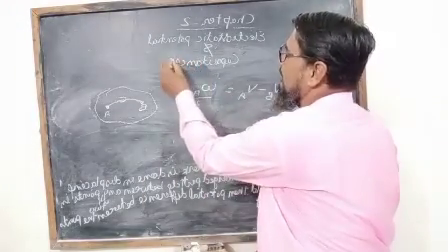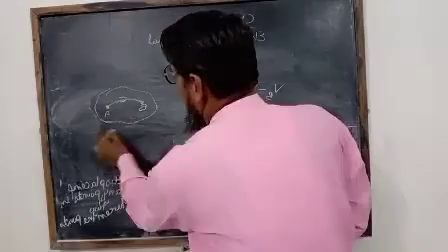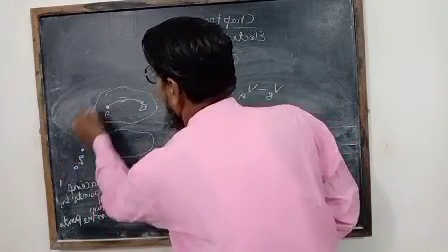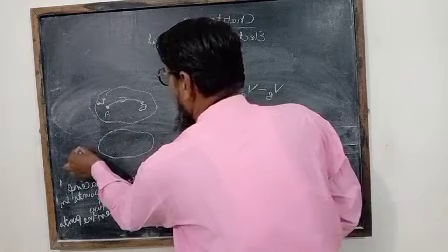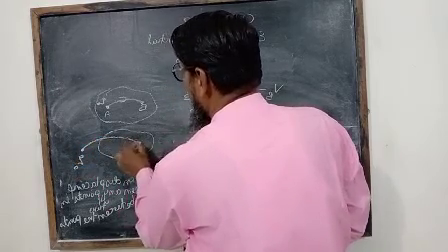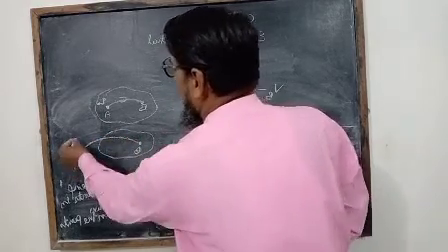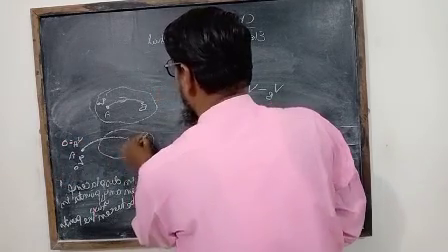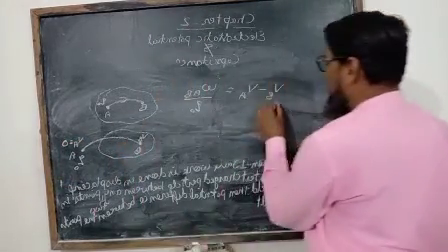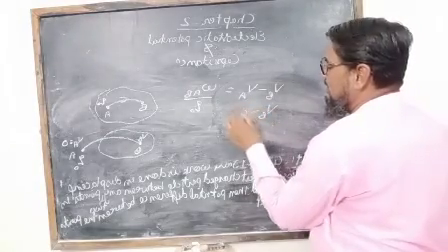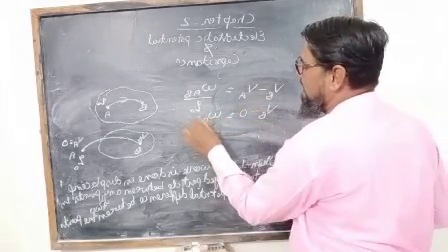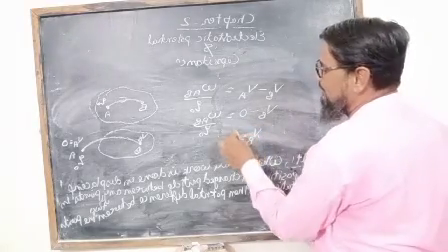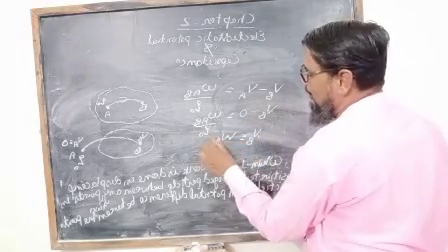If the point A is outside the electric field, and the charge particle is brought from infinity to a certain point B in the electric field, then the potential at A will be 0, and this is VB. So VB minus 0 is equal to WAB upon Q0, or VB is equal to WAB upon Q0.